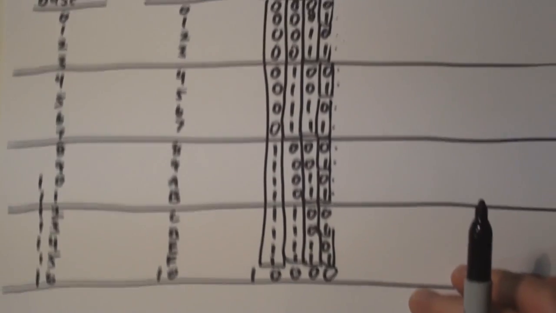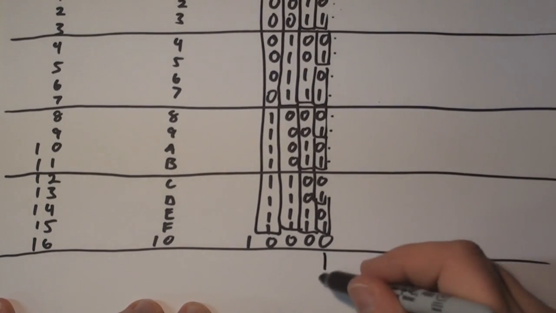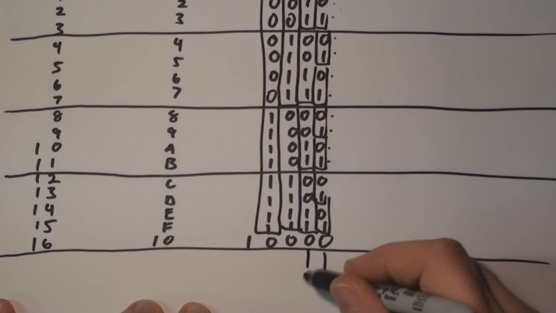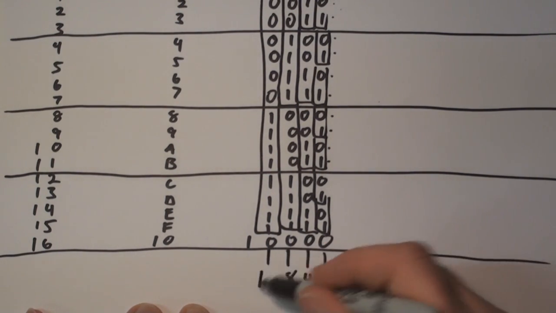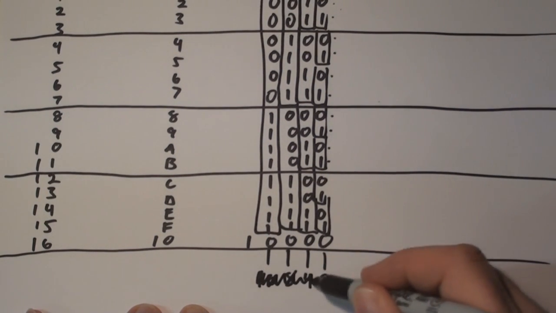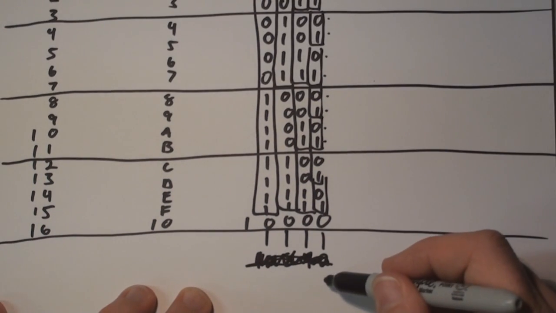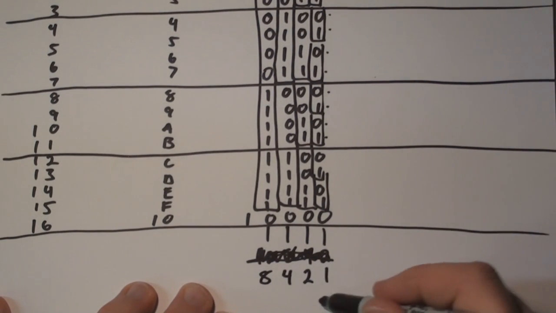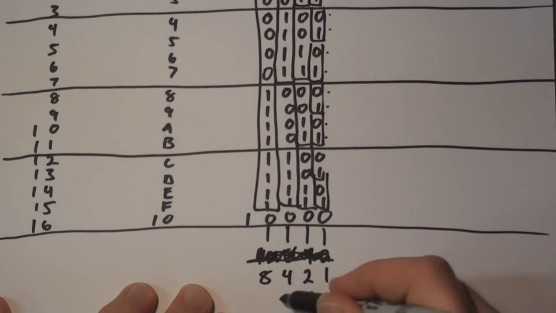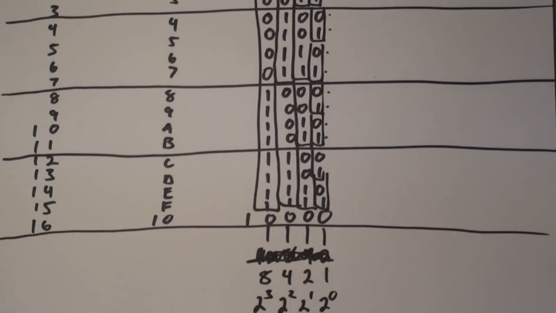And the last column, every 8, it alternates. The pattern repeats every 2 in the first column, every 4 in the second column, every 8 in the third column, and every 16 in the fourth column. But it alternates every 1 in the first column, every 2 in the second column, every 4 in the third column, and every 8 in the fourth column. And these are just the powers of 2 showing up.